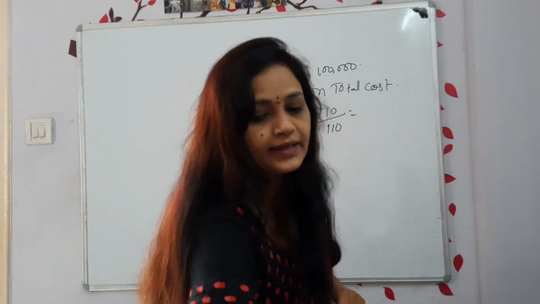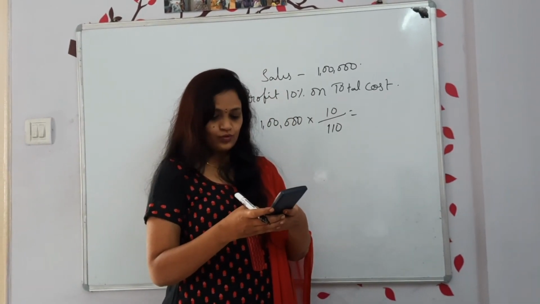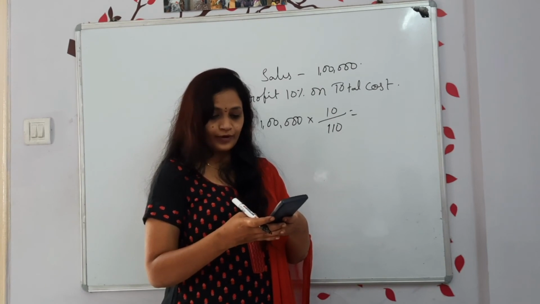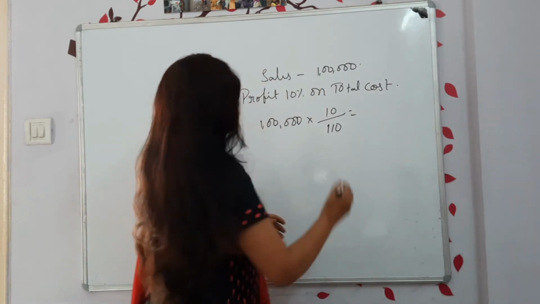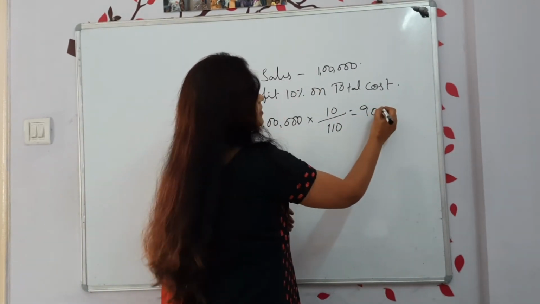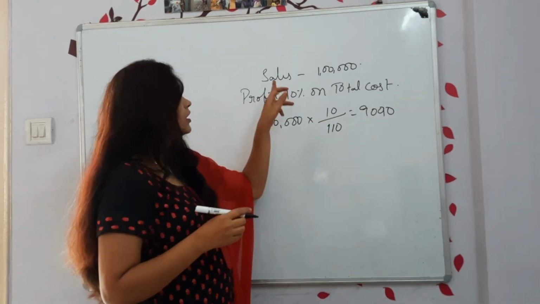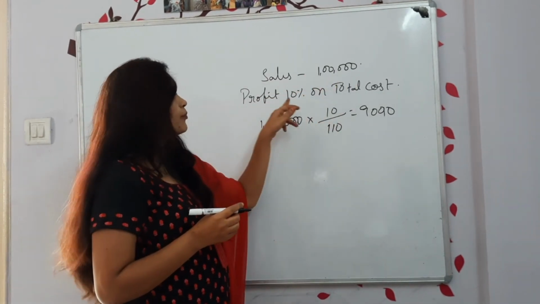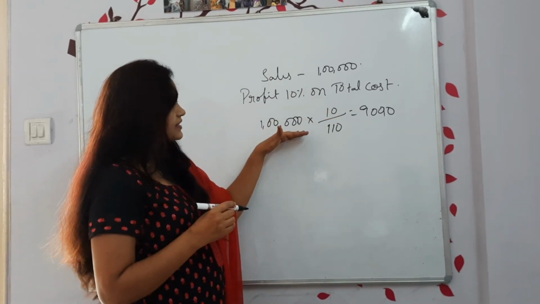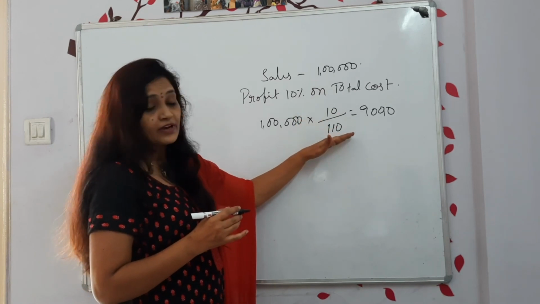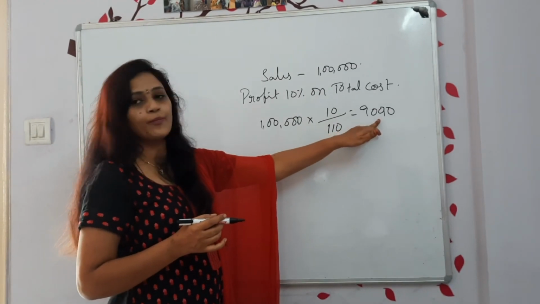Now what is the amount you will get? 1 lakh into 10 divided by 110. How much did you get? 9090. Got it? If sales is given and profit percentage on total cost is given, then you have to take sales into percentage divided by 100 plus percentage. Then you will get the profit.